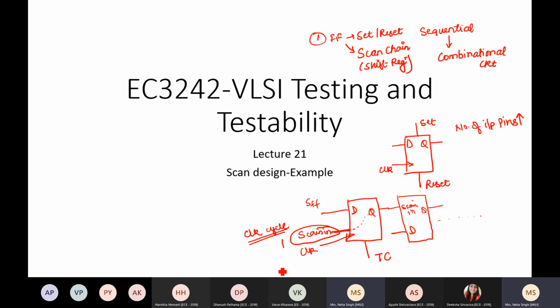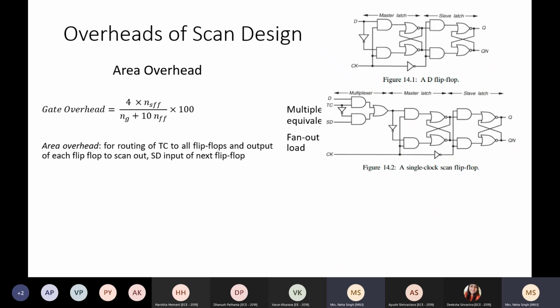Suppose I enter the first value 1 here, then at the next clock edge, this 1 will be propagated to the next flip-flop. If I want to pass it further ahead, then I'll need another clock cycle. Therefore, I'll need more clock cycles, but the number of input pins I have added is only one. So now we look at this in the form of circuits.